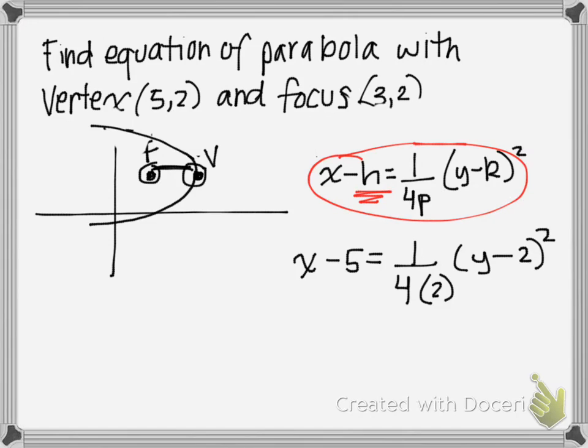And then very important here, since this is opening to the left, we're going to make this negative. All right, so there's the equation of the parabola, and then we can simplify that a little bit. And we've got it. Easy enough.